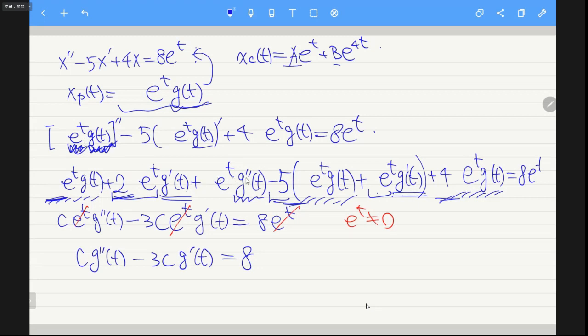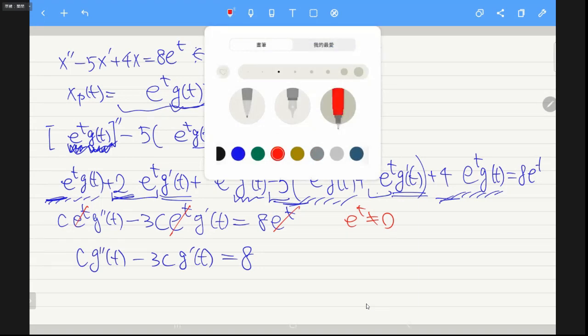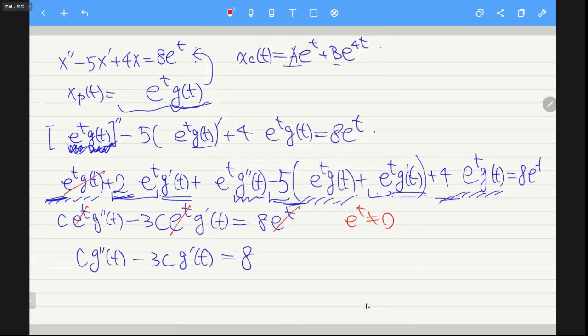And so the g double prime of t minus 5 exponential to t g of t plus exponential to t g prime of t plus 4 exponential t of t. So we have this one cancel with this one and this one.